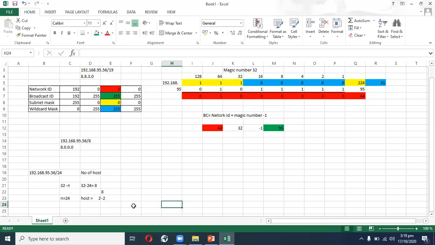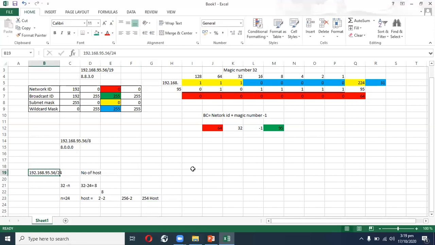So 2 to the power 8 minus 2 will give us 256 minus 2. So this will be 254. So this is the number of hosts you can connect for /24.